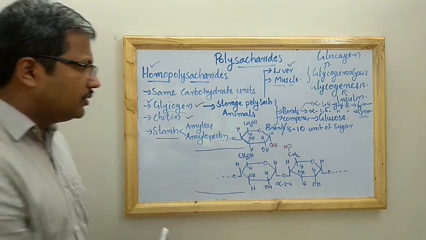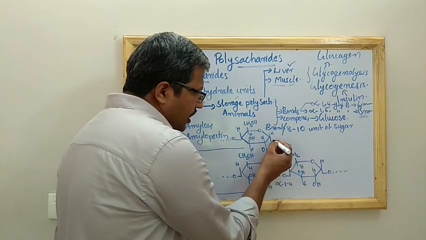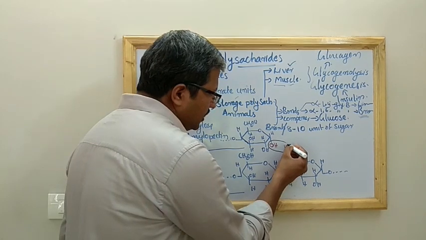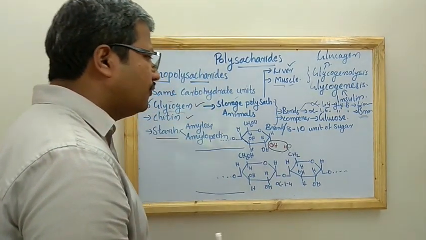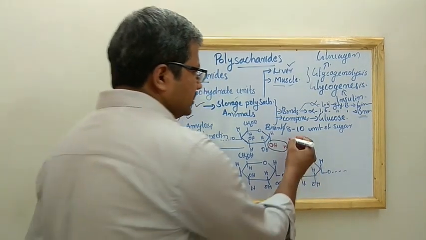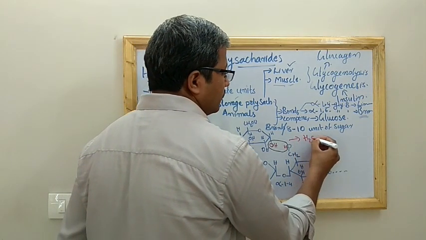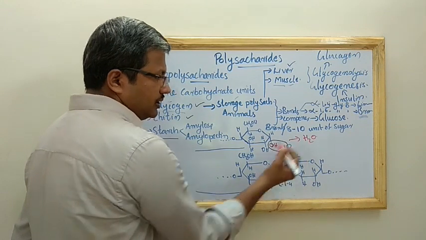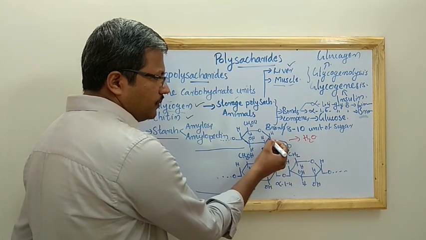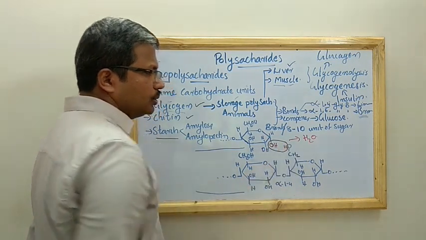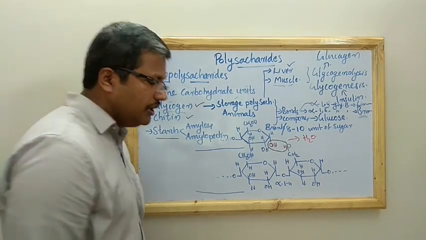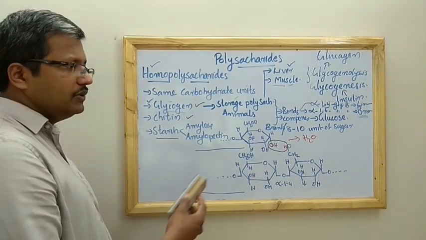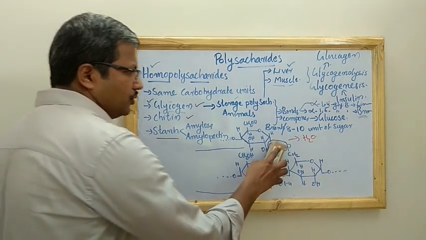This particular H and OH will be released in the form of water. So this one will be released as H2O. Now what is left there? The carbon, oxygen. So the bond will be formed between this carbon and oxygen. So I'm just erasing and drawing. If you did not get it, you just rewind the video and watch it.